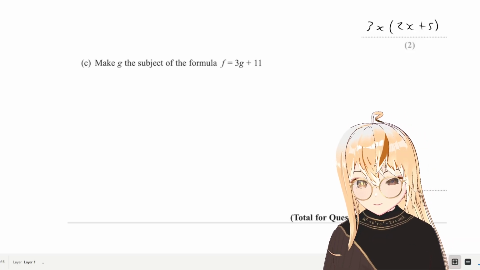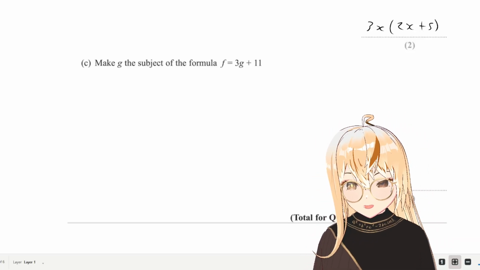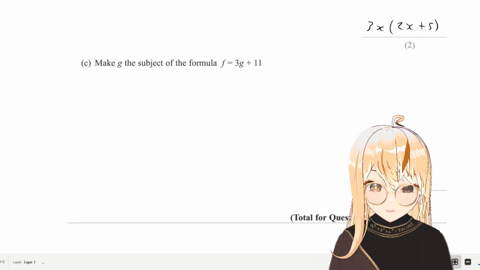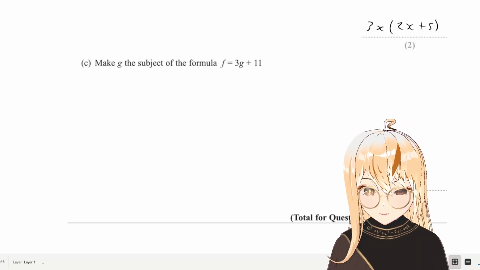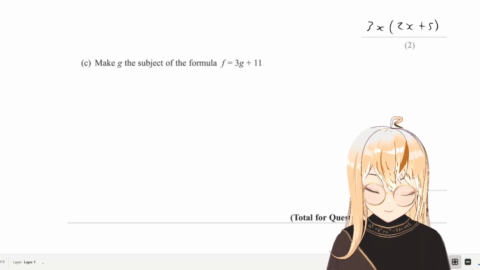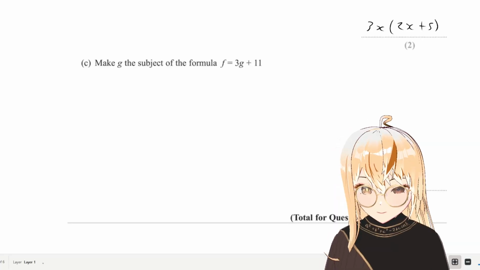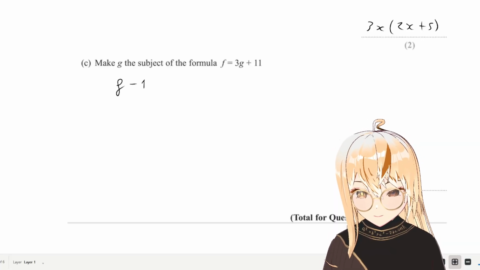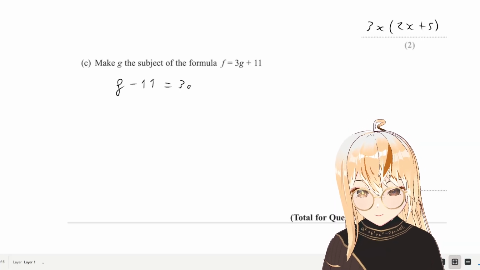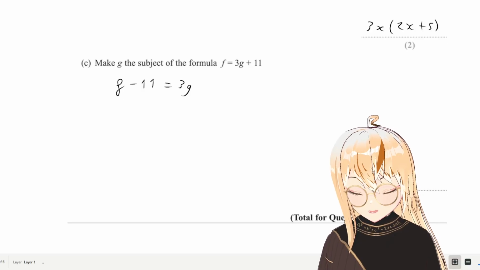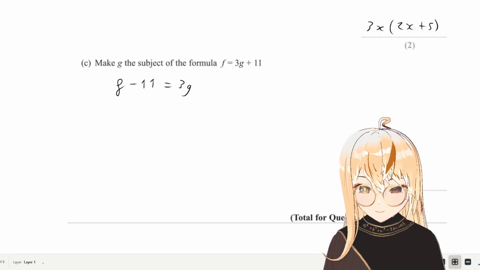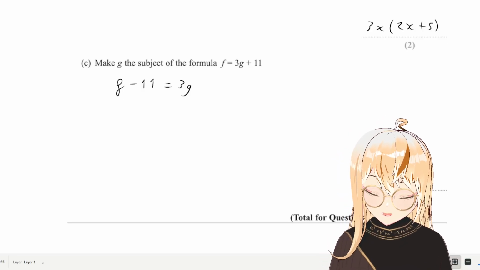Okay, so we need to rearrange our formula so that g is our subject. And these are pretty easy questions, I'd say. So we can move 11 on to the left. So f minus 11. What we did there, we just subtracted 11 from both sides. And then we've got 3g.